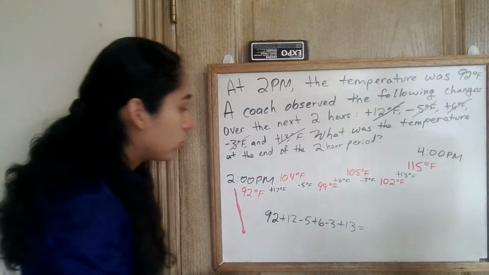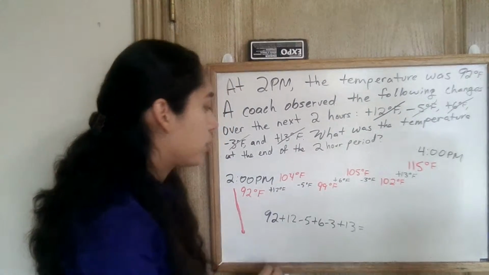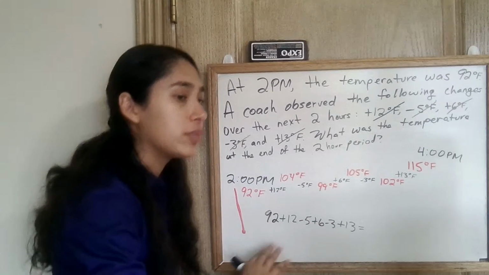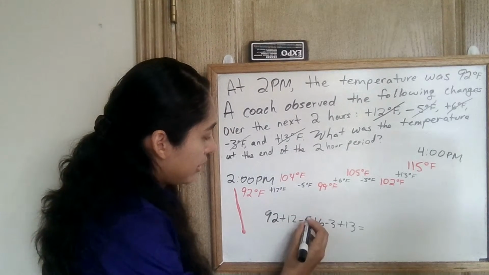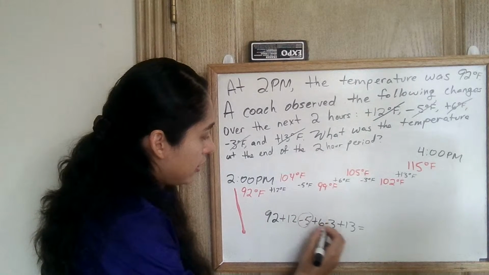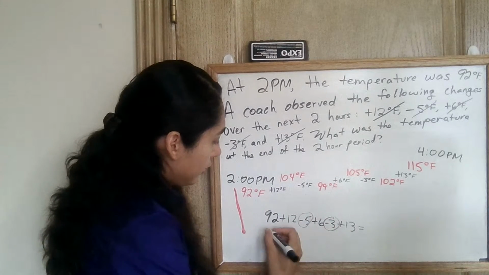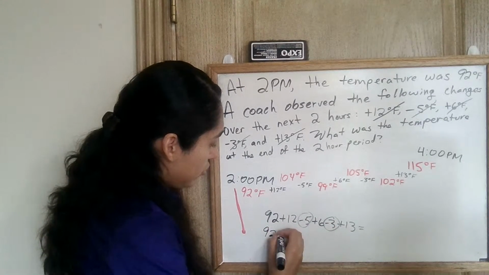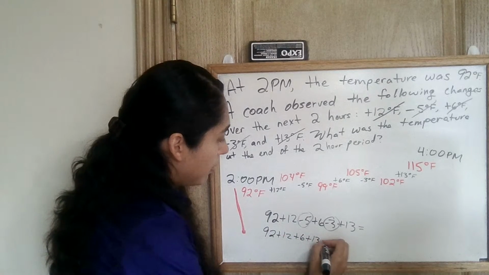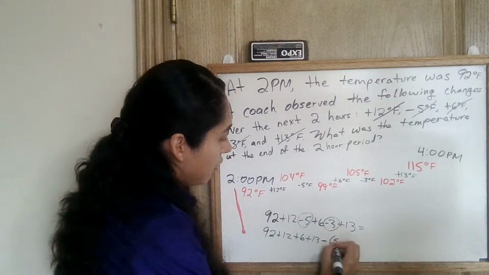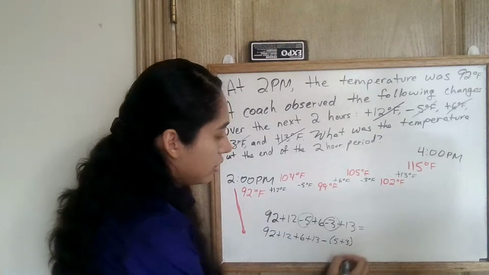Or something very cool that I can do is that I can separate the negatives and the positives and group them together. So these are my negatives, then things with minuses, and I can just do this. 92 plus 12 plus 6 plus 13 minus 5 plus 3. Right?